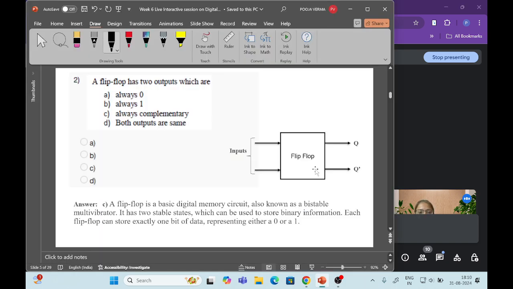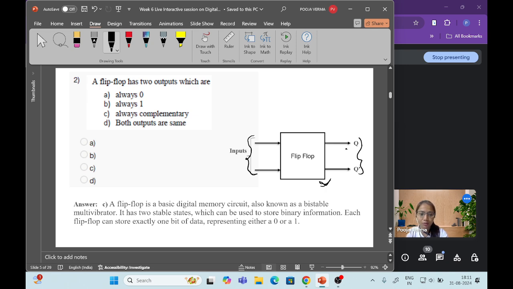So this is the basic structure of a flip-flop, which contains inputs and outputs, where there are two inputs and two outputs, one is Q and another one is Q dash. Basically a flip-flop is a basic digital memory circuit and it is also known as a bistable multivibrator because it has two stable states. That's why it is called bistable multivibrator, or you can say bistable.